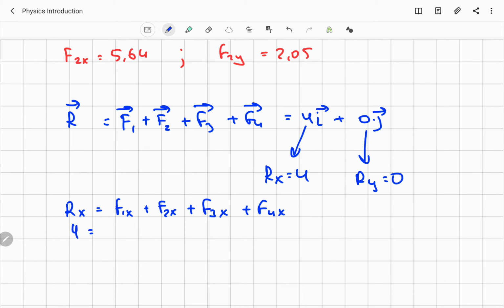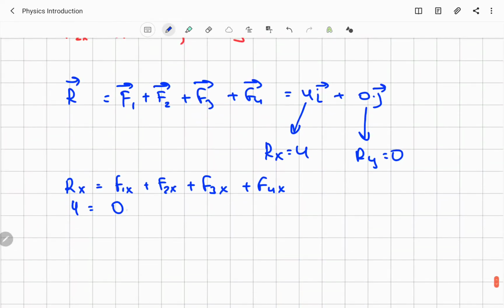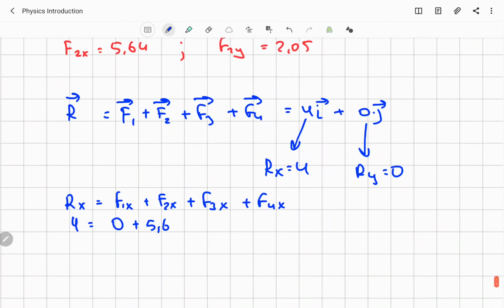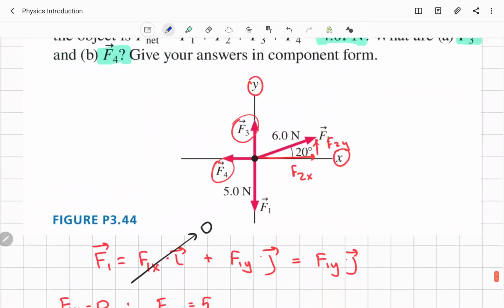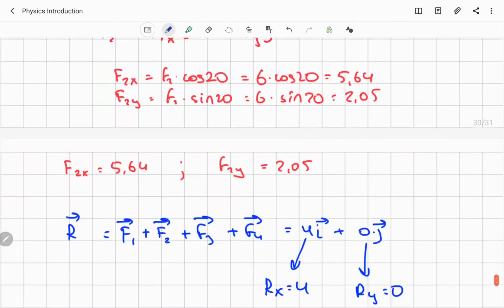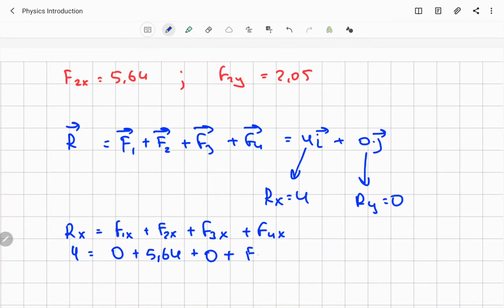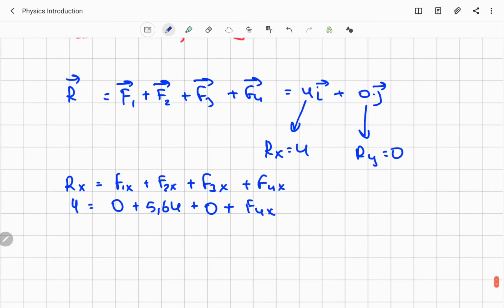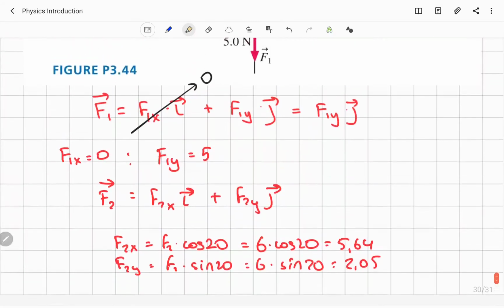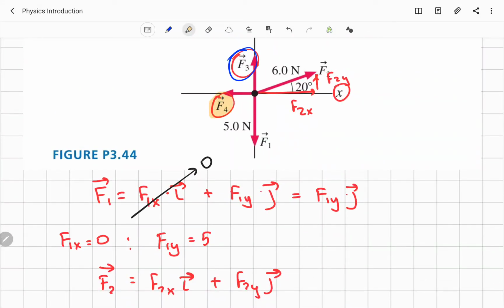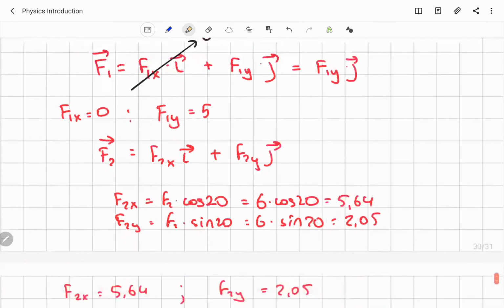The resultant vector's x component is 4, f1x equals 0, f2x is 5.64. The x component for the third vector, as you see from the diagram, is 0. The x component for the fourth vector is unknown, so 4 equals 5.64 plus the x component. So from here, the x component for the fourth vector equals negative 1.64. Since vector 4 has only an x component, its y component equals 0.